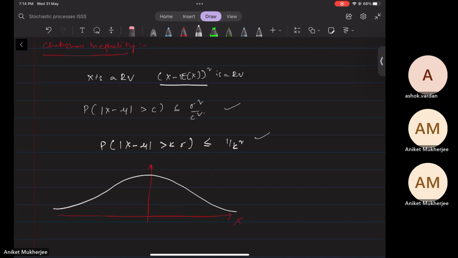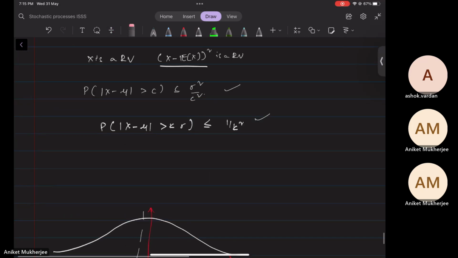So what the Chebyshev inequality tells is, you have the density function of X and you have some mean. So this is your Chebyshev inequality.